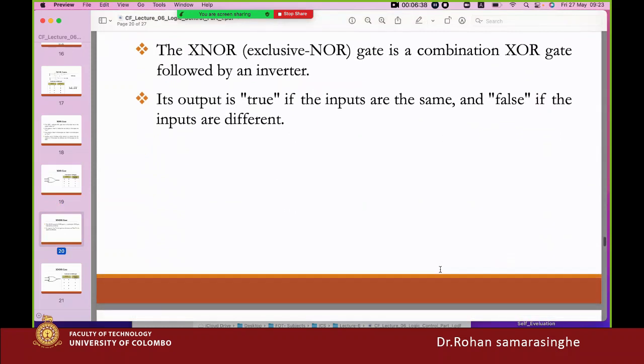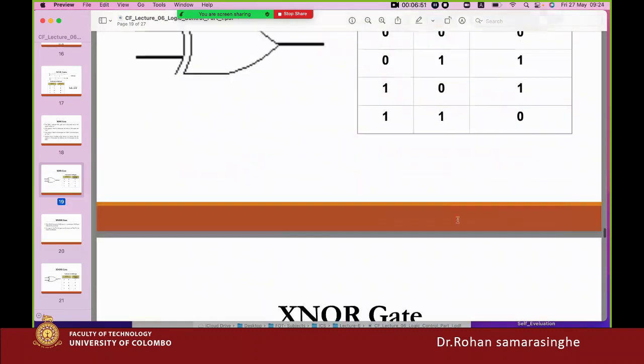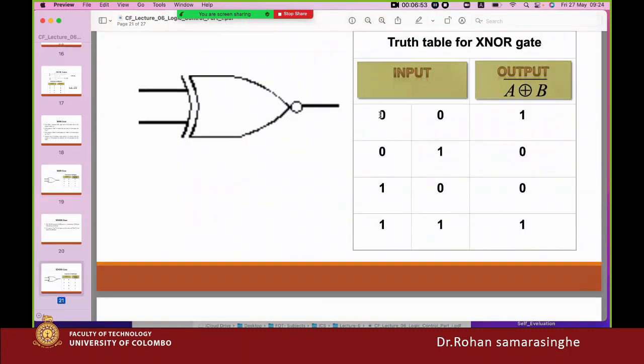XNOR gate: the output is given through the NOT gate. In such a case, if both inputs are the same, the output is 1, otherwise 0. Here you can see, if both inputs are the same, 0 0 or 1 1, the output is 1, otherwise the output is 0.